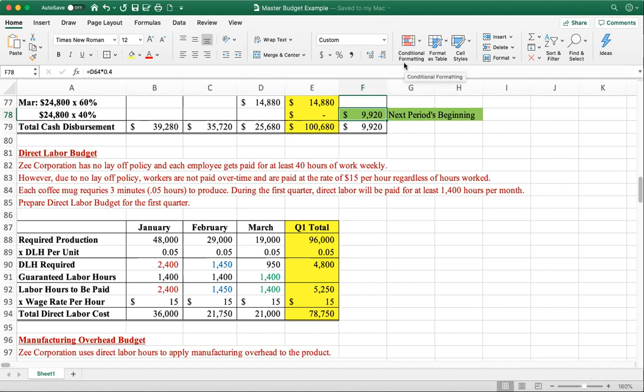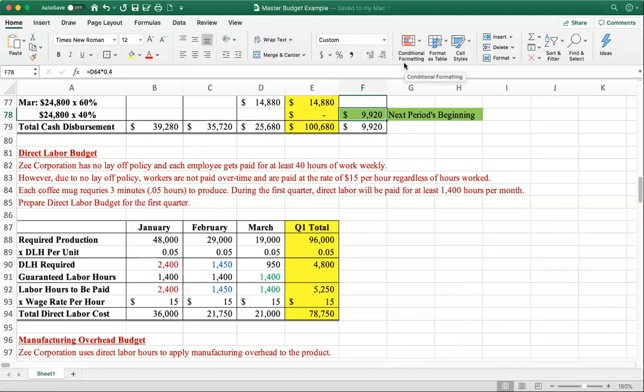However, if they go above 40 hours, they don't get paid time and a half, or overtime. So if workers are working 28 or 30 hours, they will get paid for 40 hours minimum. If they work 45 hours and the regular wage rate is $10, then anything above 40 hours, they will still get paid.